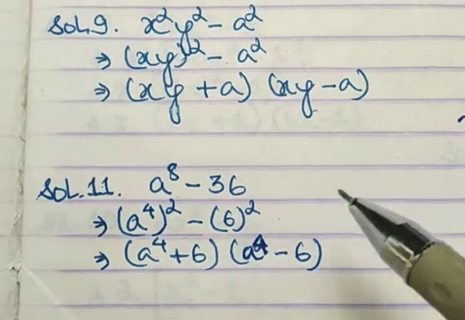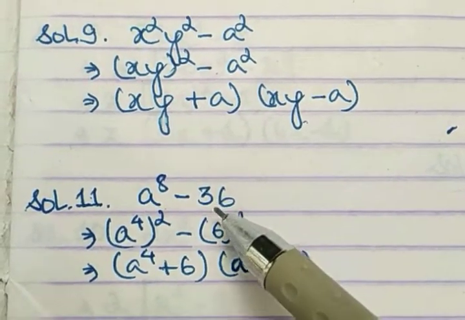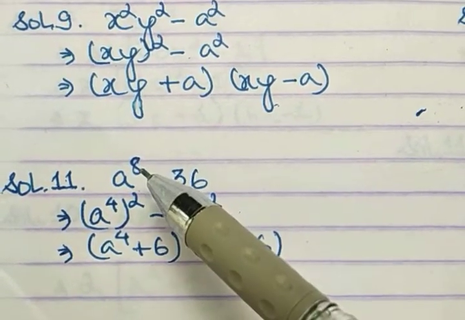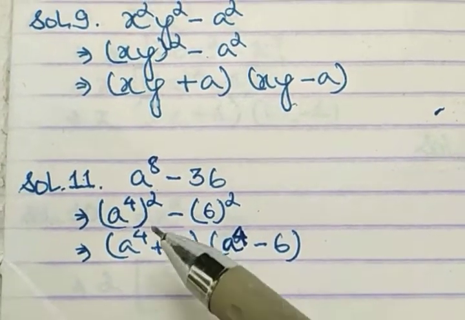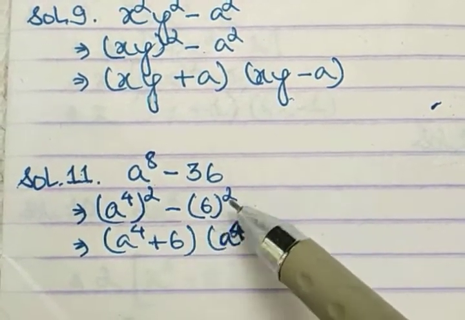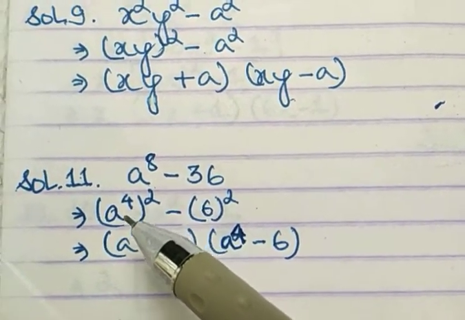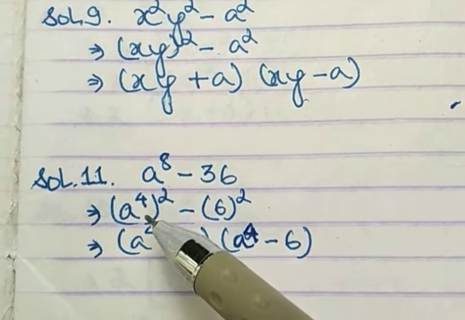Okay, so a to the power 8 minus 36. Now the constant term 36 is the perfect square of 6, we know that. a to the power 8 can be written as a to the power 4 whole square, isn't it? So see, a to the power 4 whole square minus 6 square. And remember, you can use the law of exponents here to check whether your answer is correct or not.